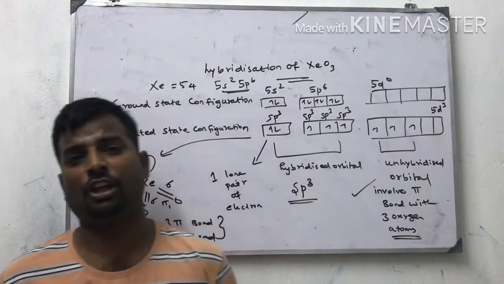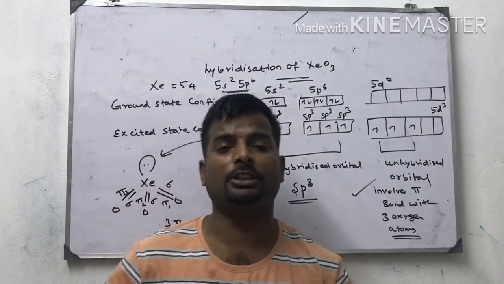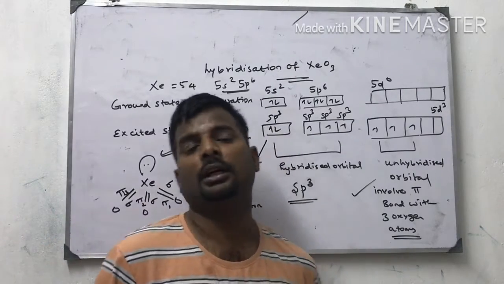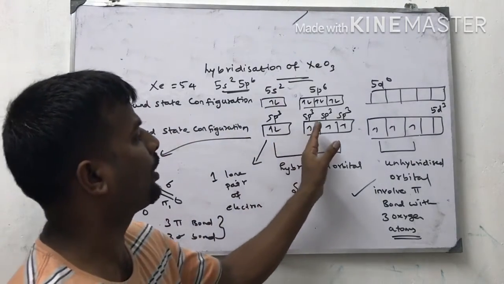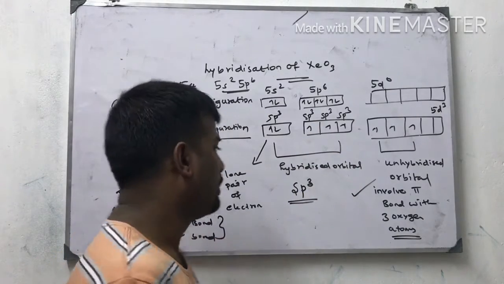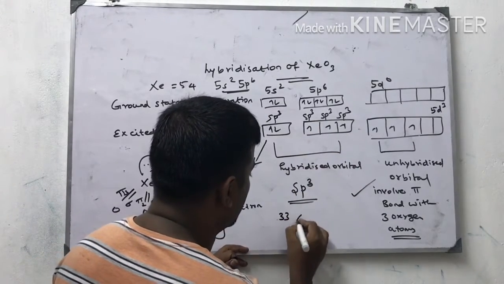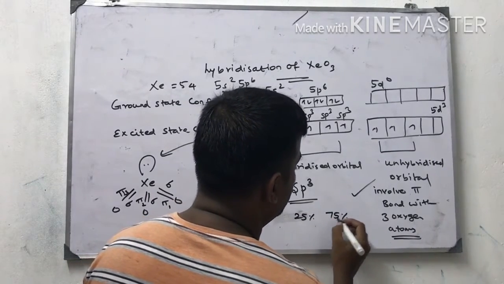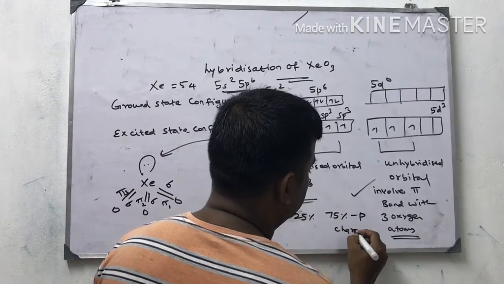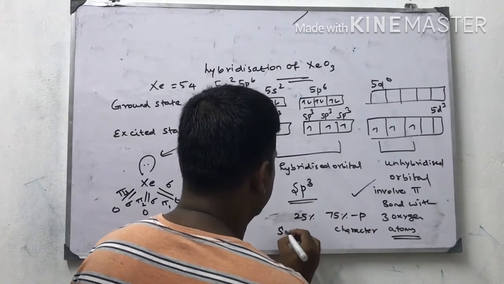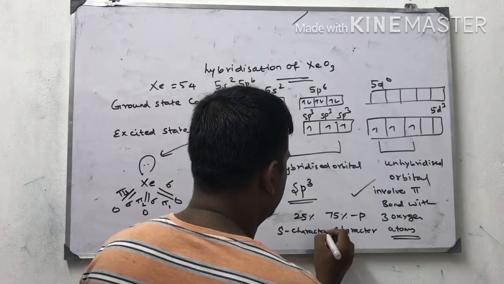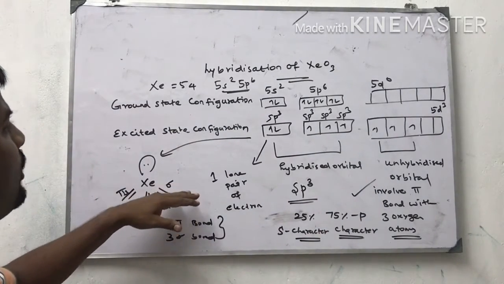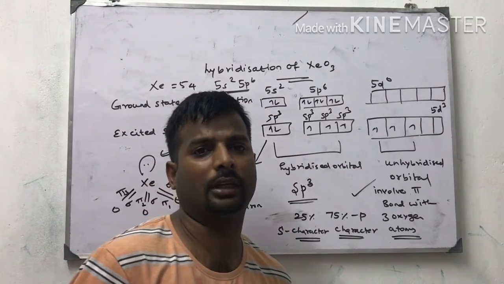One s orbital and 3 p orbitals intermix to form a new set of orbitals called hybrid orbitals. Here all are mixing, so these 4 are sp3 hybrid orbitals. S character is 25% and 75% P character. These are the information related to the structure of xenon trioxide.